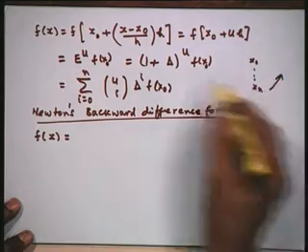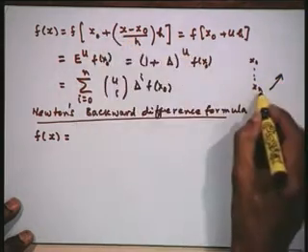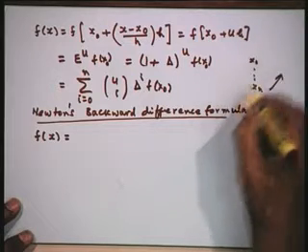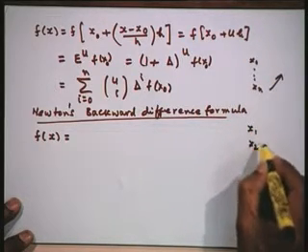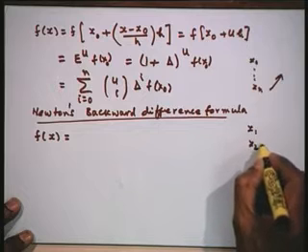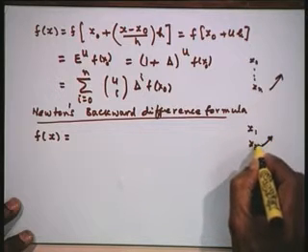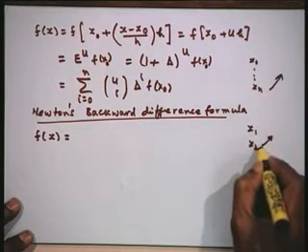Therefore whatever I want to write, the argument should be in terms of xn, because I have to use the backward differences with respect to the last argument of this interval.